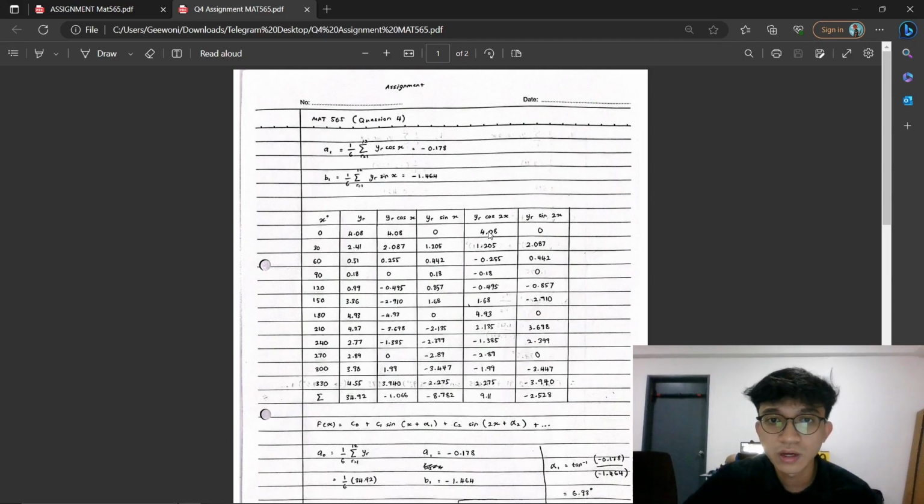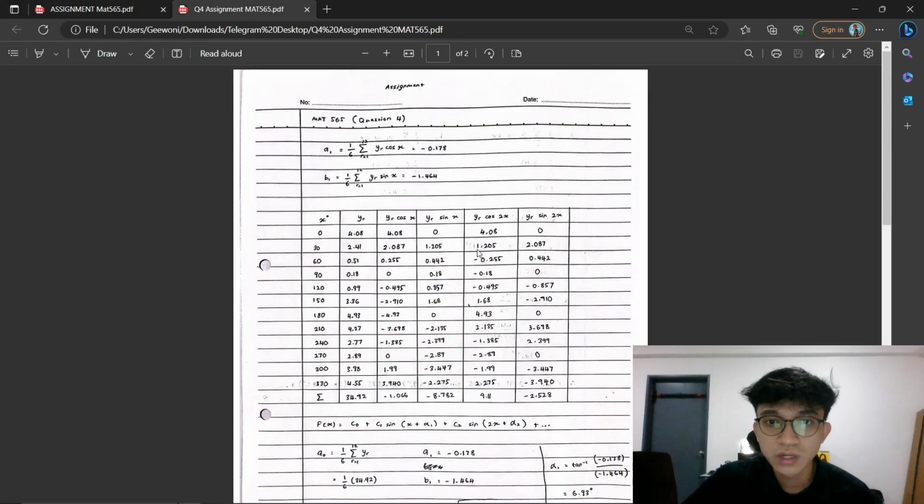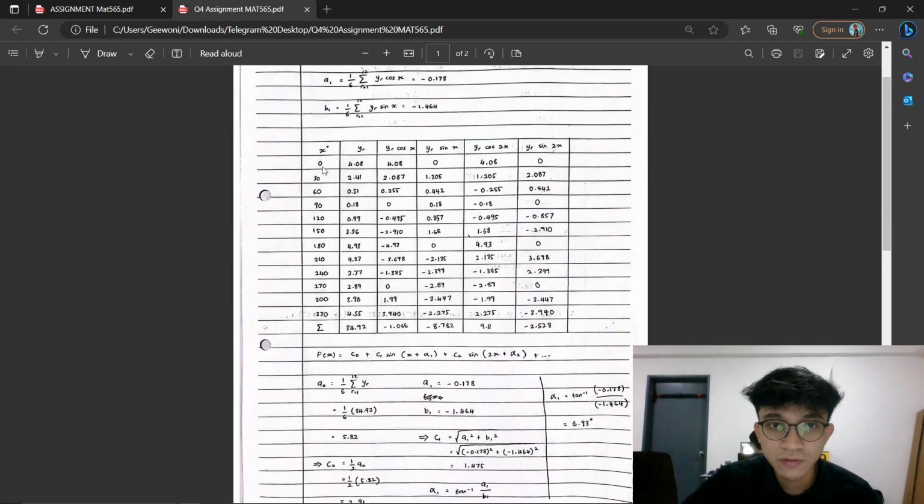The reason why we stop at y_r cos 2x and y_r sin 2x is because the question says to find the series expansion in standard form up to and including the second harmonic. After we have obtained all of these values, only then can we form the Fourier series equation.